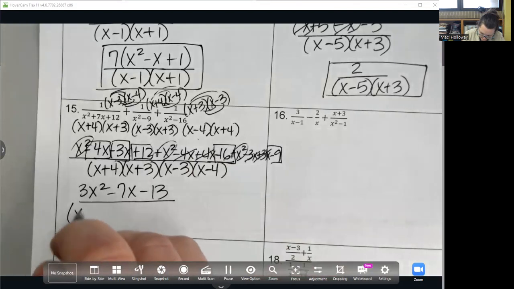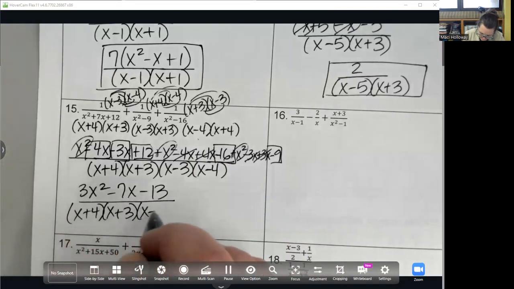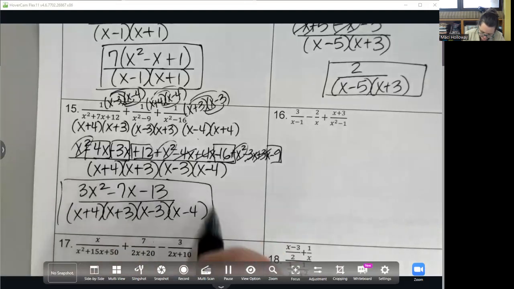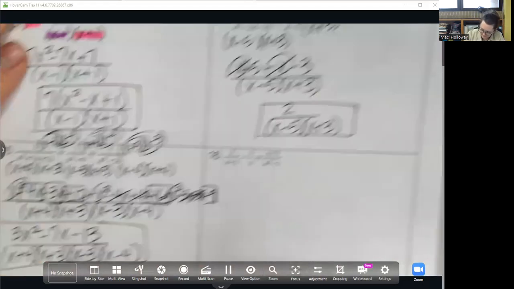All over x plus 4, x plus 3, x minus 3, x minus 4. And that's your answer there. Let me just check mine. There we go. Key. A little bit crazy on that one.